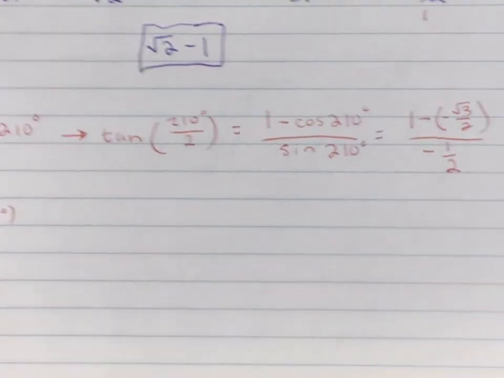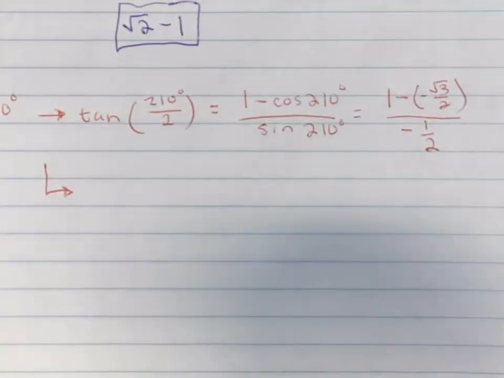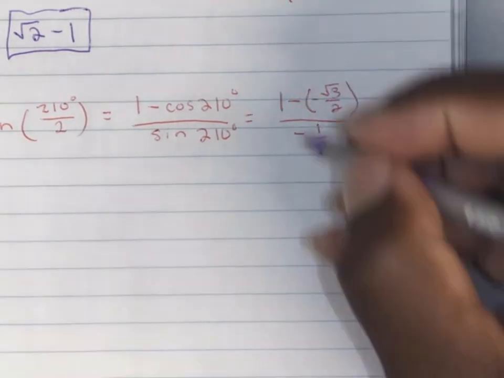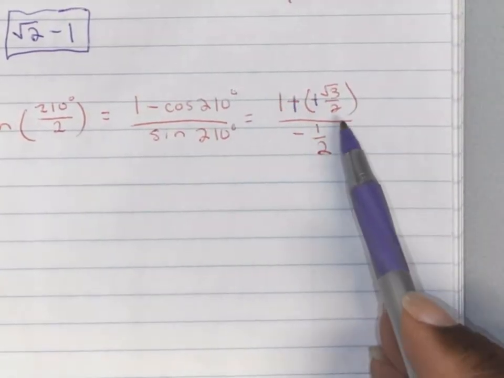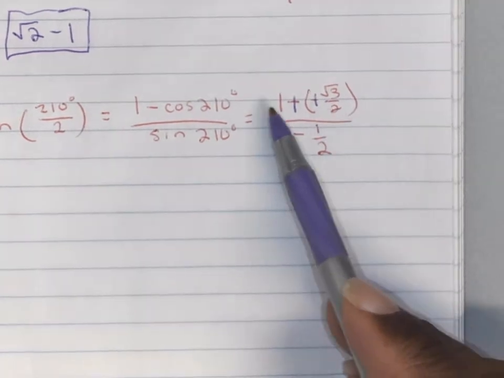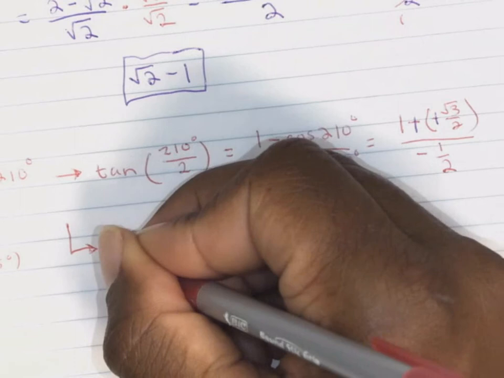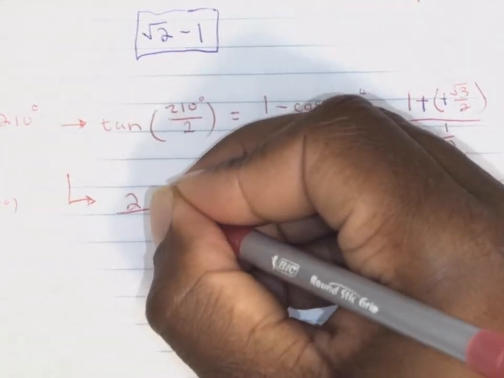I go down, tight on space up here. So subtracting a negative, this will become positive. And I need 1 to have this denominator here. So I'm going to rewrite 1 as 2 over 2. So 2 divided by 2, that's my 1. And then I already had plus root 3 over 2.